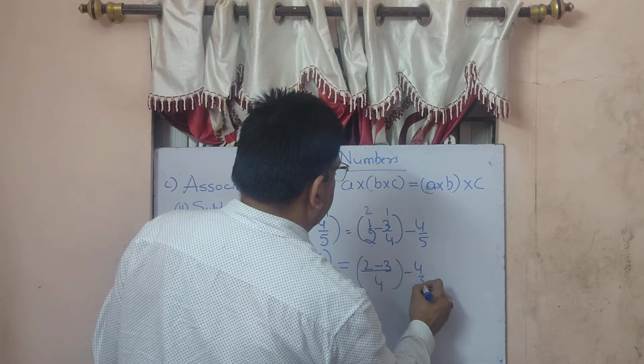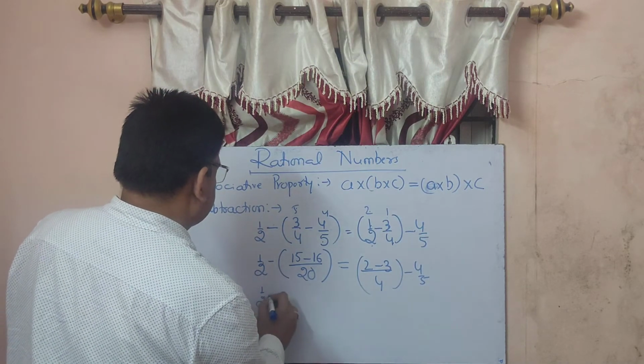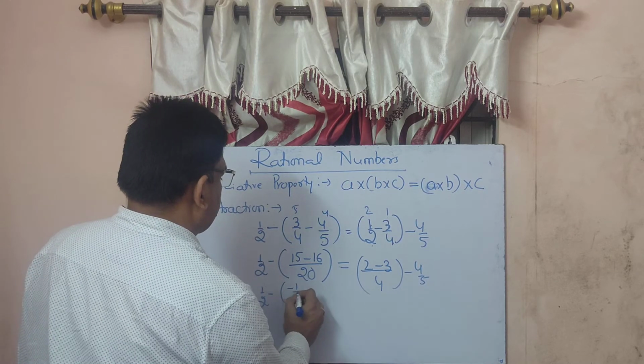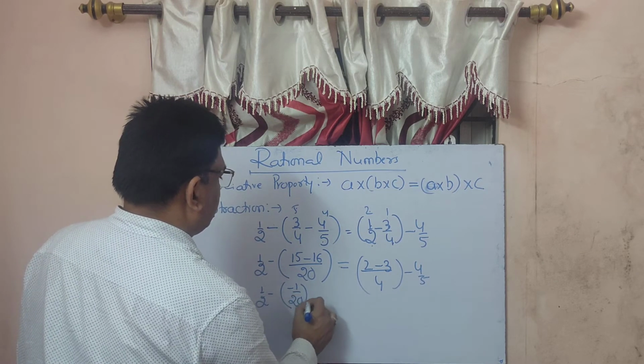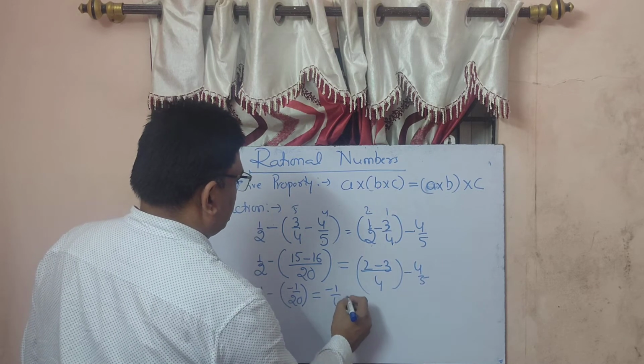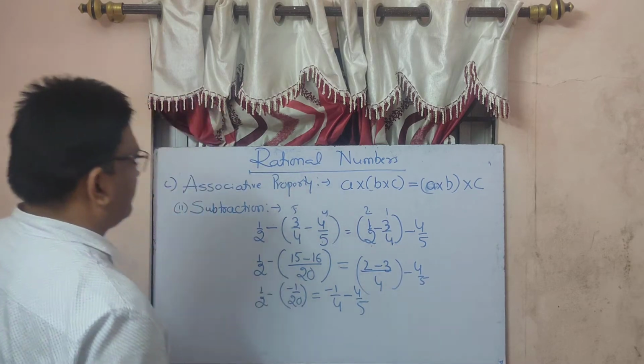Minus 4 upon 5 as it is. So 1 upon 2 as it is minus, 15 minus 16 is how much? Minus 1 upon 20, is equal to 2 upon 4, minus 1 upon 4 minus 4 upon 5.